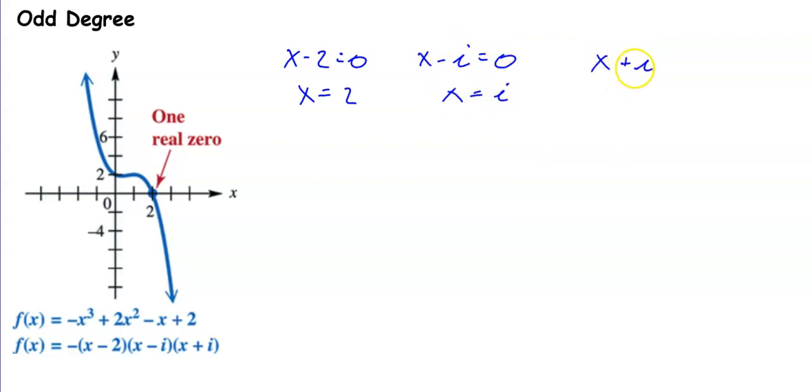And x plus i equals 0, so x equals -i. Now with these i's, normally how we would write them is x equals plus or minus i, because i's always travel in groups when we're finding our zeros. So you can still see we've got one real 0 and 2 imaginary zeros for a total of 3 zeros.